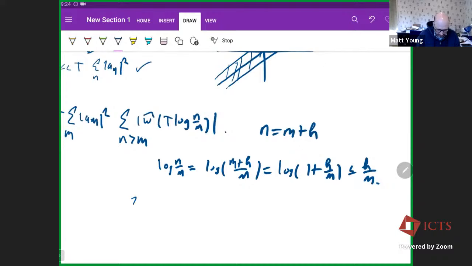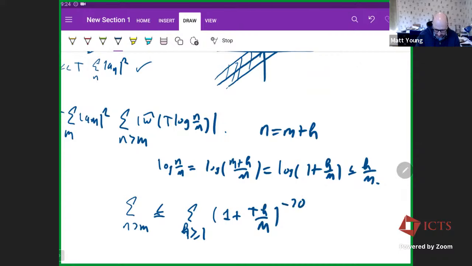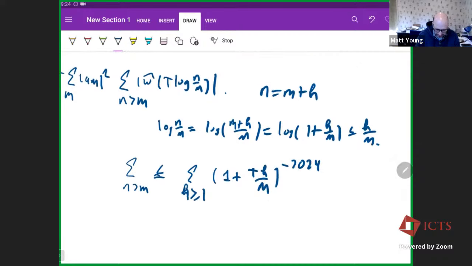And so the bound we'll get for the inner sum will be at most the sum over h greater than or equal to 1. And then we can put in our bound on w hat. So this will be 1 plus T h over m to the minus 2024, which we can bound by: we can sum h up to m over T, plus the tail h bigger than m over T, and for that we can just say m squared over T squared h squared.